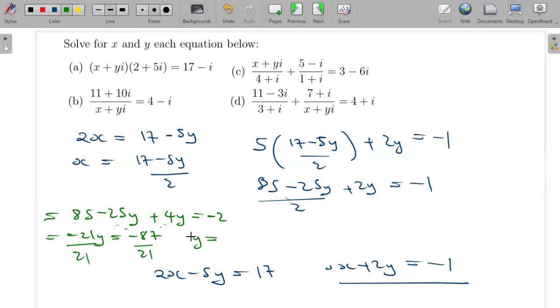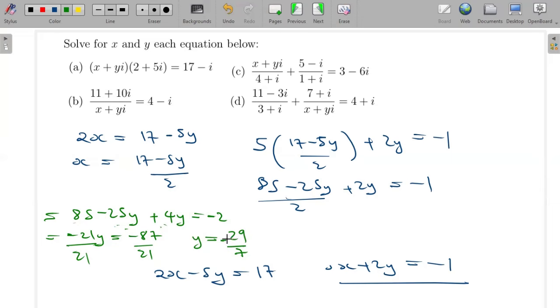So my y is going to be 87 over 21. So that simplifies to 29 over 7. So 3 can go into there on top 29 times, and then there 7 times.